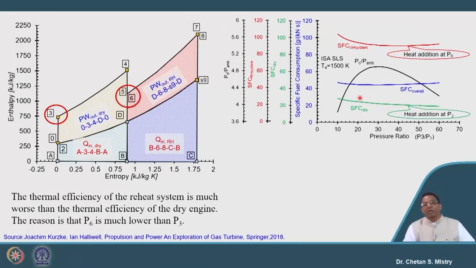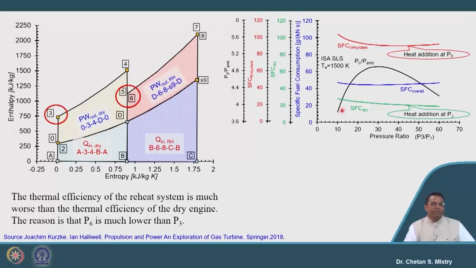If we look at this plot carefully, with increase of pressure ratio, specific fuel consumption reduces for the dry condition. In line with that, when we increase the pressure ratio for the reheat operation, our specific fuel consumption will be more than that for the dry condition, and somewhere here we have the overall specific fuel consumption we discussed in the last slide.